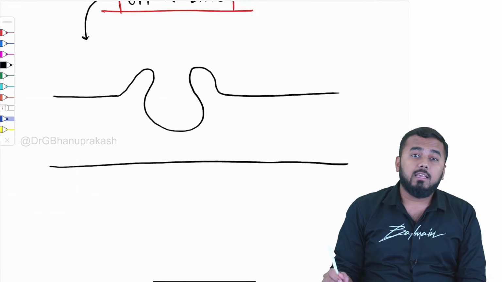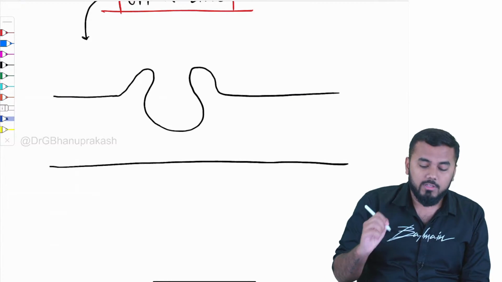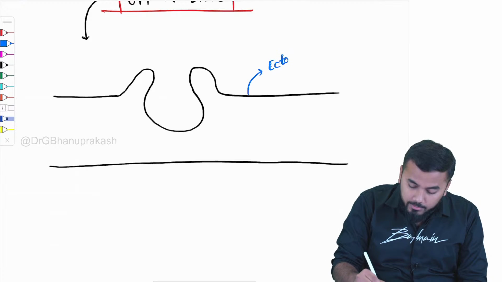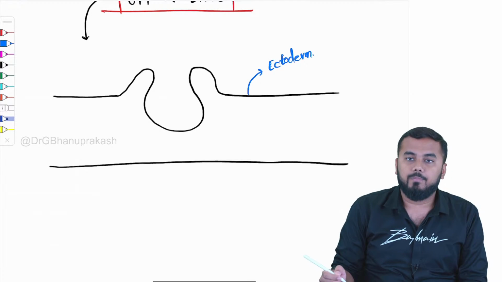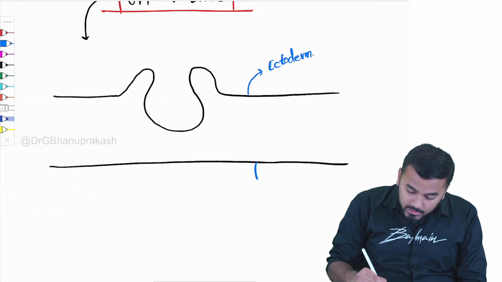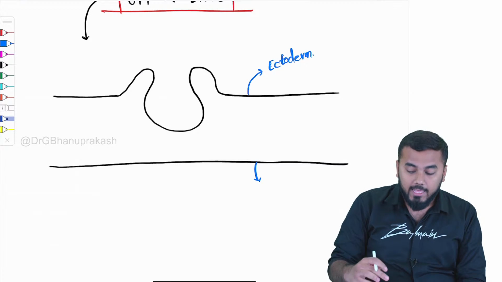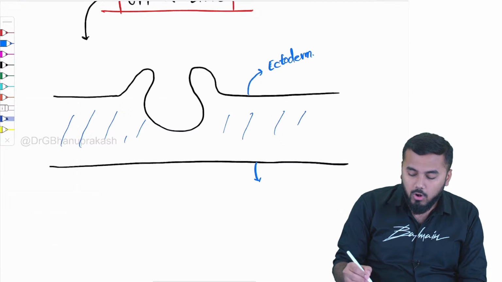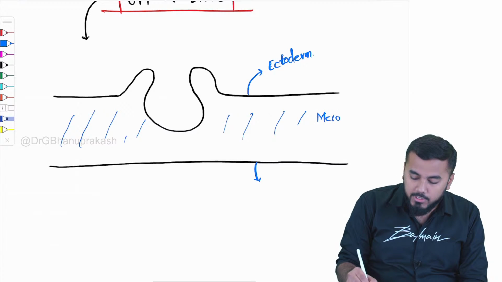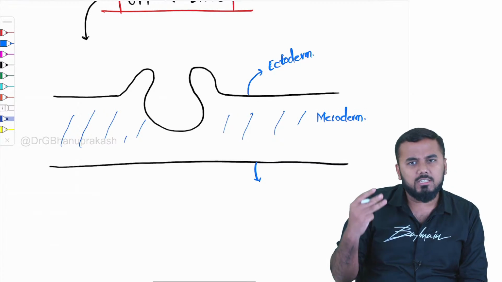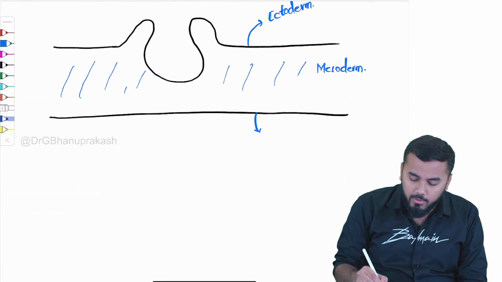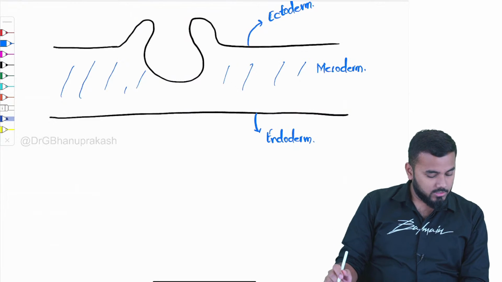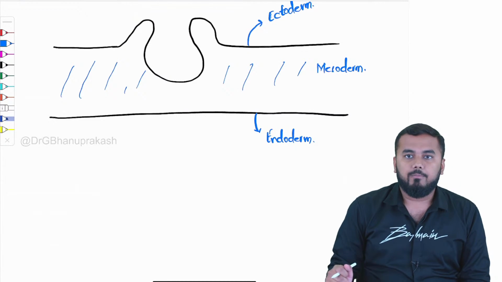Now, what is this thing consisting of, guys? This is called ectoderm. And the down one is endoderm, and the middle one has to be called mesoderm. You know, we have got the three germ layers, right? Ectoderm, mesoderm, and the final one is your endoderm. Okay.